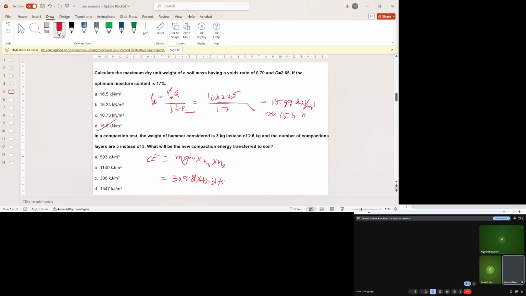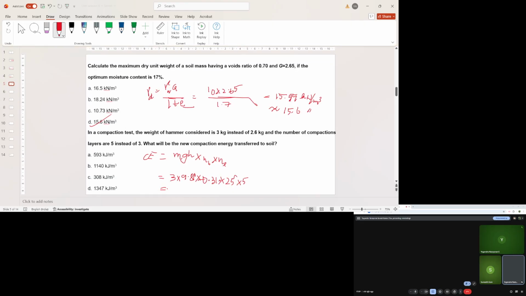Into number of blows, which is going to be 25, and the number of layers is going to be 5. How much are you getting? So 3 into 9.81 into 0.31 into 5 into 25. 1140 comes, sir.